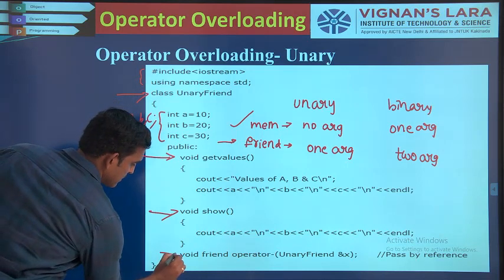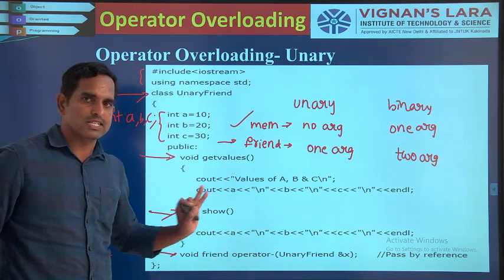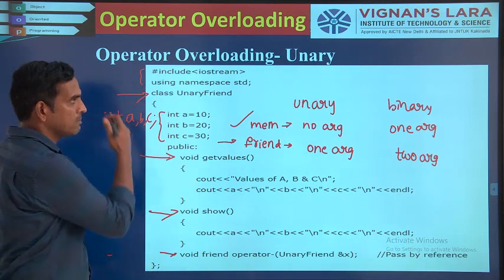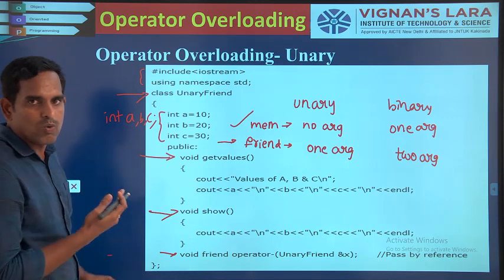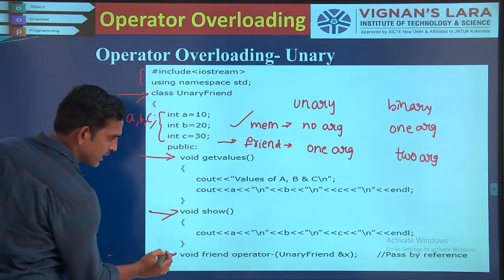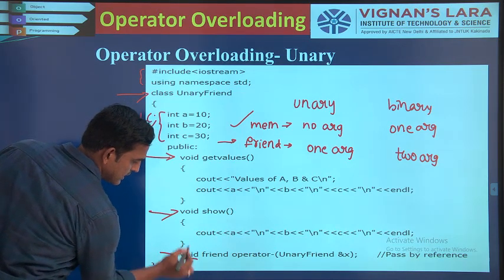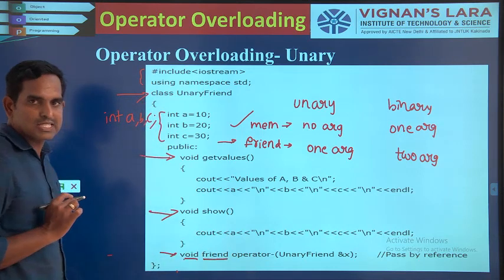Next, the important thing you have to understand here is that you are writing the overloading function, that is the operator function. I think you will remember this from your operator overloading. Here you are overloading the unary minus operator. When I am overloading the unary minus operator, I am having initially the return type, then I am specifying it as friend.